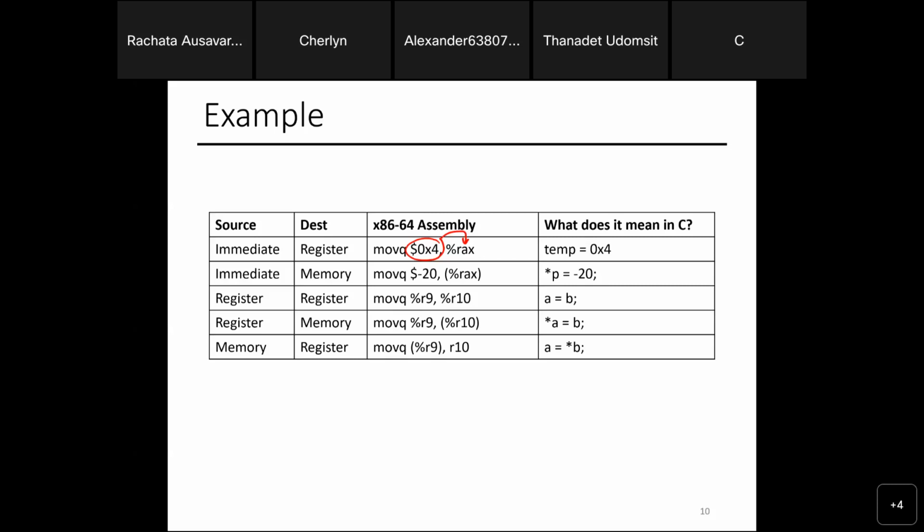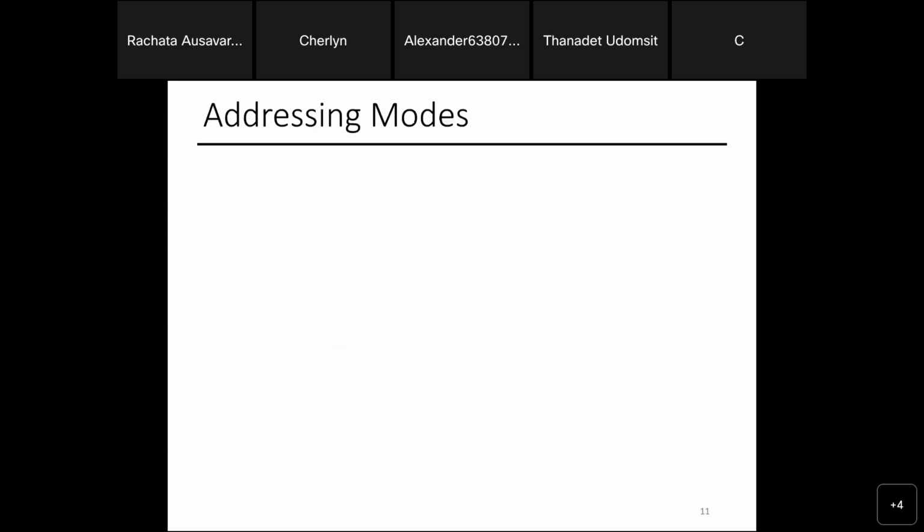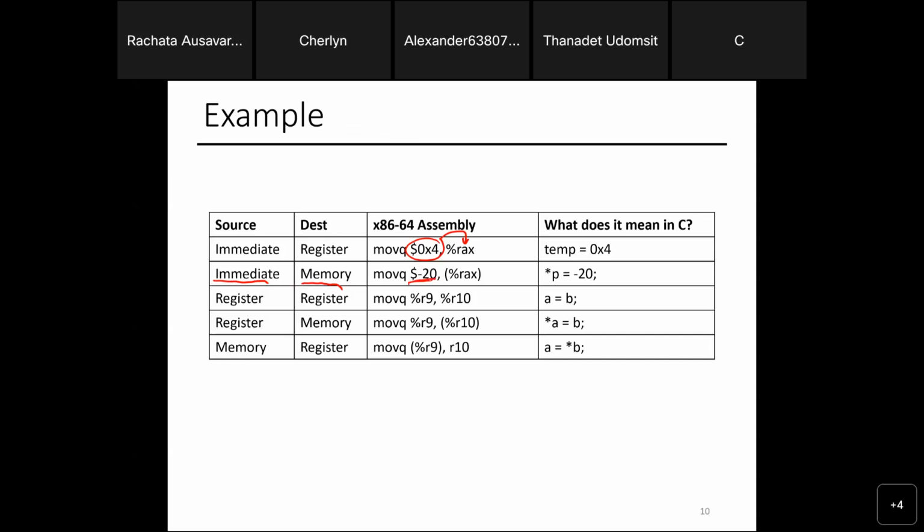The second variant, I want to move from a constant into a memory. It's not a register, into the memory. The way I would write this is, the first part, as you can see, is the same. Someone tell me what's the difference about destination here. What is the difference between the first line and the second line? Yeah, the parentheses.